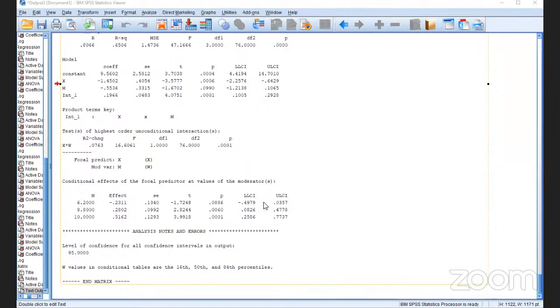It is very simple to use the process macro. And another case study, with categorical data, a continuous independent variable and a continuous dependent variable, the second case study, I will perform tomorrow in the process macro.